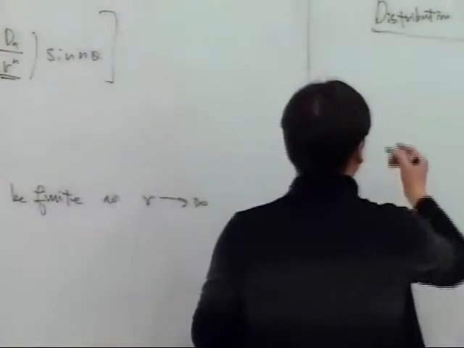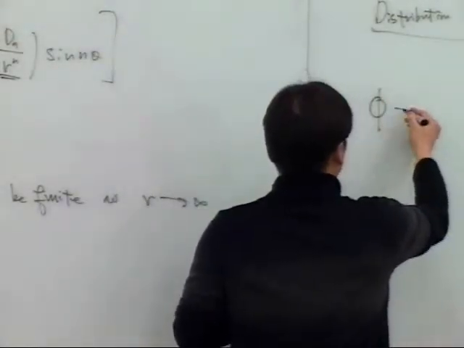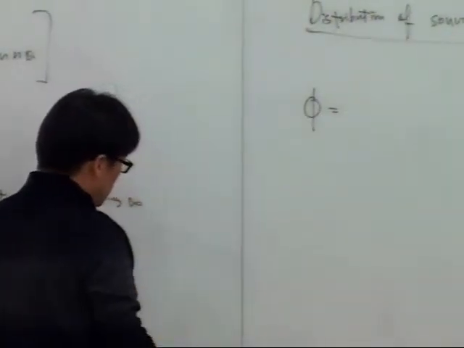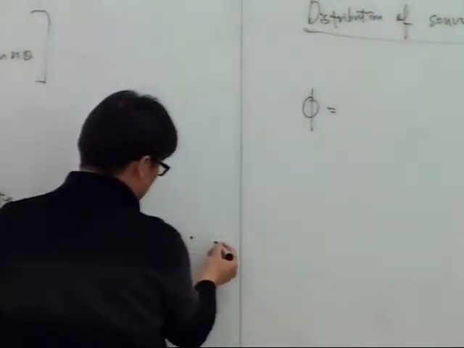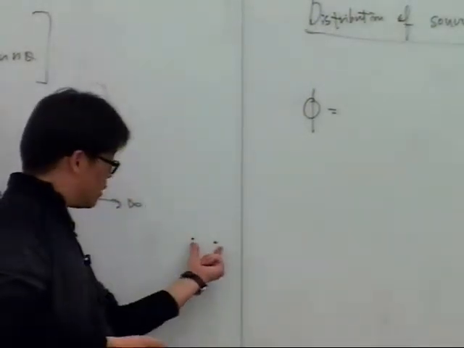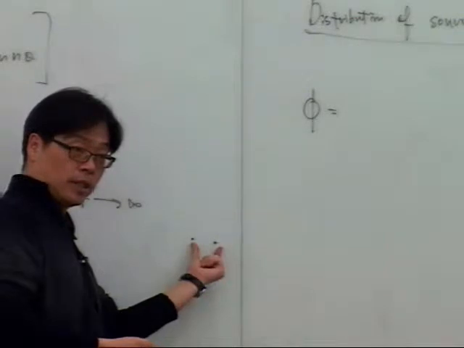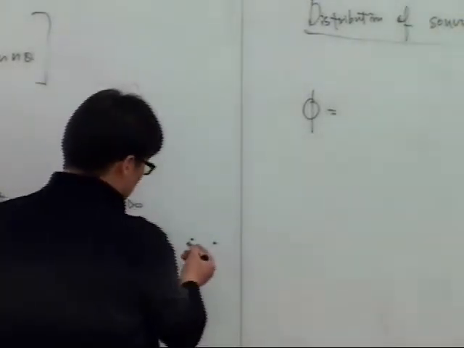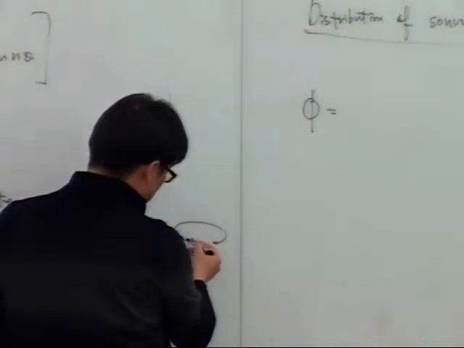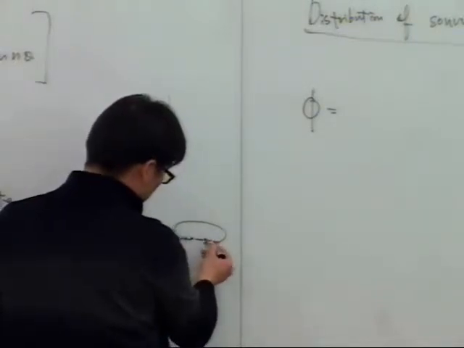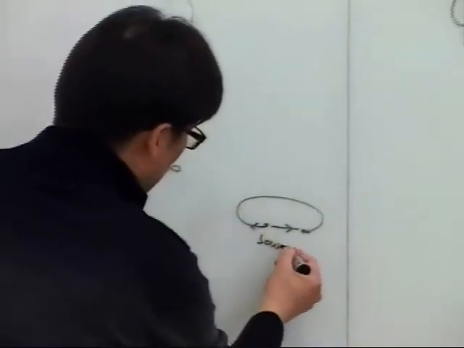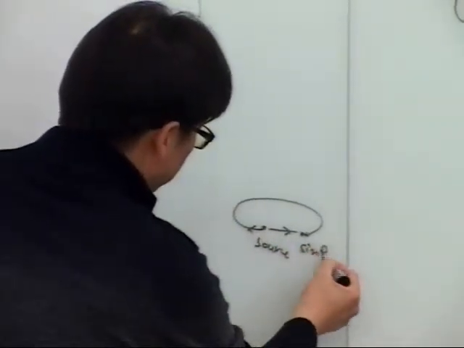So this time, instead of one single source, I can have one source and one sink. Okay, but they are assumed to be apart. And then I have flow like this, and from this source it has to flow like this, correct? So I have a source here and a sink here.